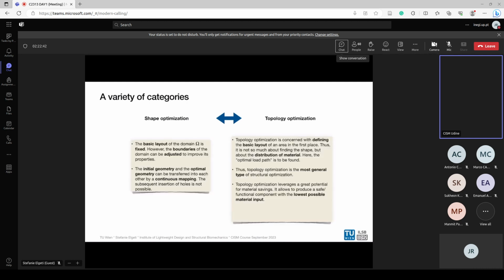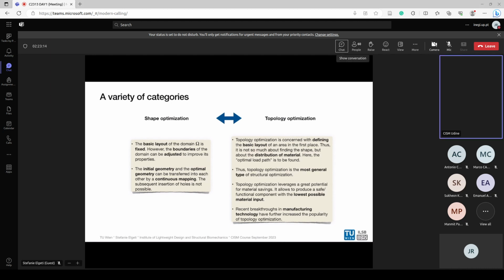Then I want to speak about the difference between shape optimization and topology optimization. In shape optimization, we already fixed the basic layout of our domain. So in our cow example, we had this sheet of paper, and this was already fixed as a layout. And then I was able to fold it or crumble it, but the layout itself was fixed. So we can adjust the boundaries.